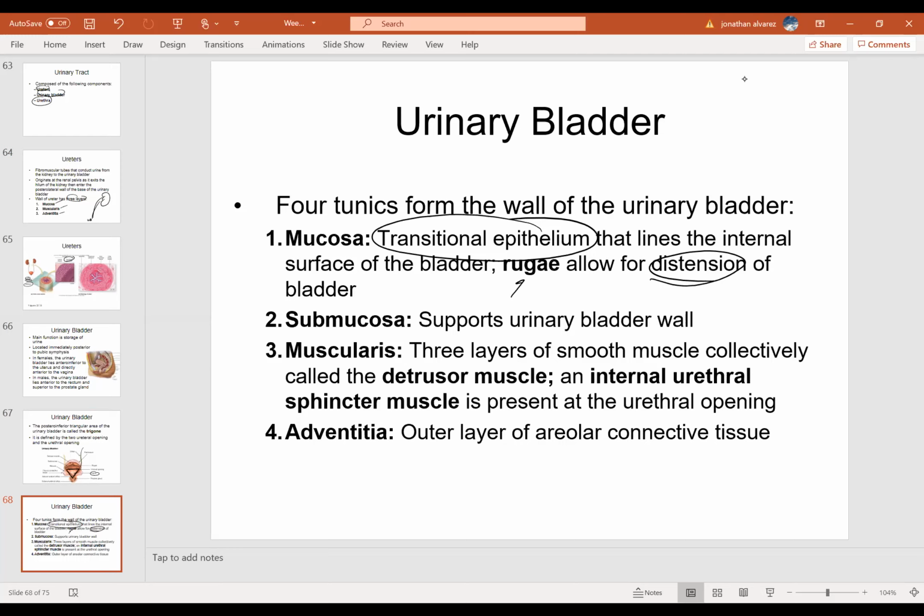But you can kind of look at the urinary bladder like this. I'm going to draw 2 of them. They're supposed to be the same size, so just pretend they're the same size. Okay, empty, meaning empty of urine.